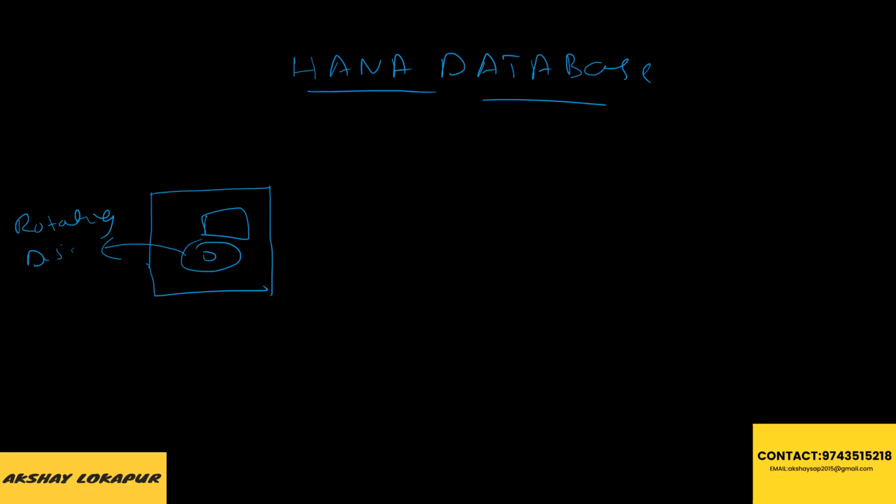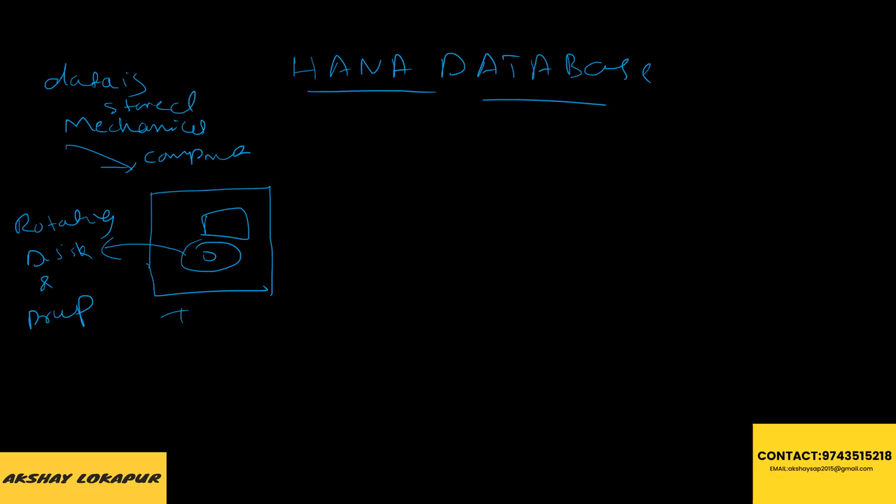Rotating disk, it's usually a mechanical component. We are functional consultants, we don't want to go deep into this, so I'm just giving an overview of how data was stored earlier in the traditional database.